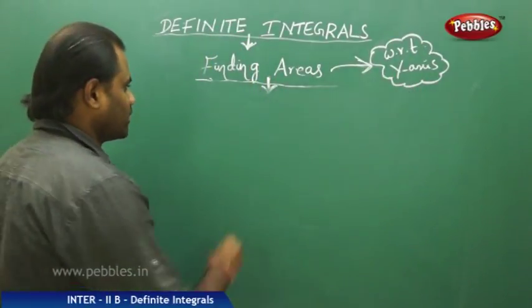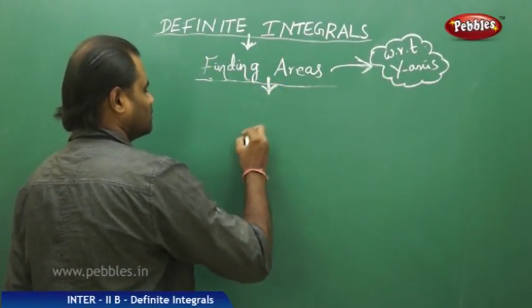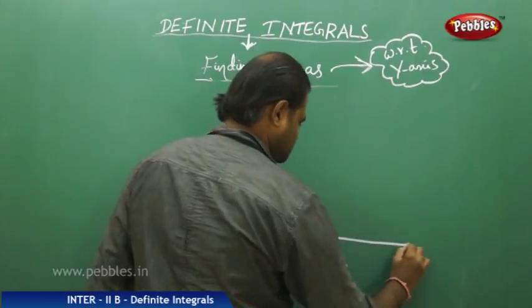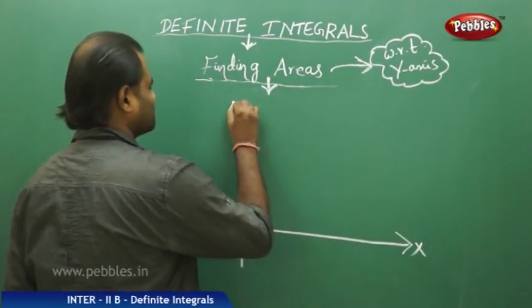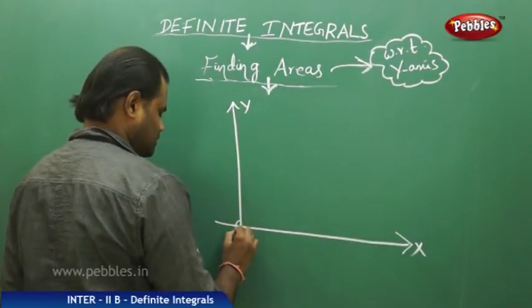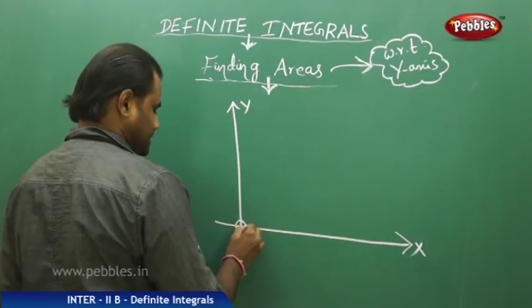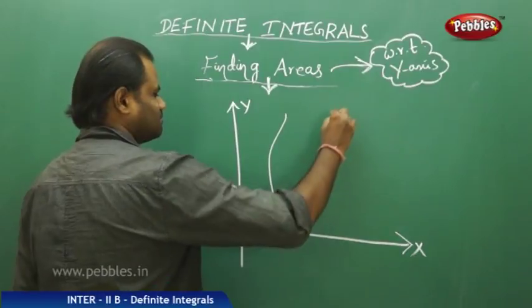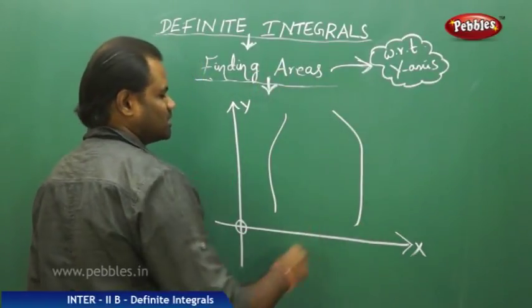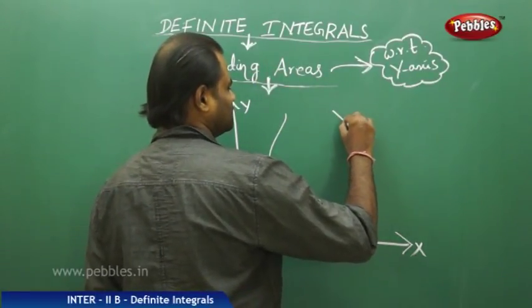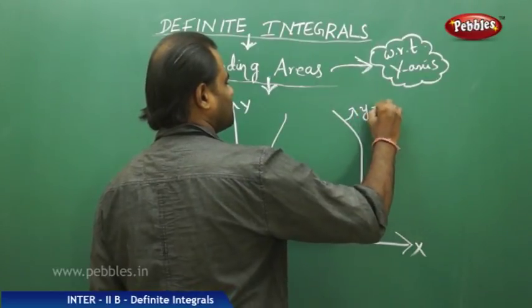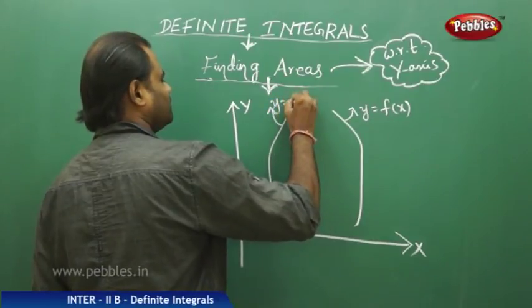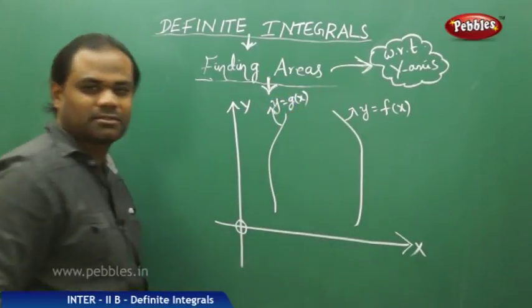That is, say for example, I have x-axis and y-axis and my origin, which gives two curves. Say for example, I have the curve y equals f of x and y equals g of x.